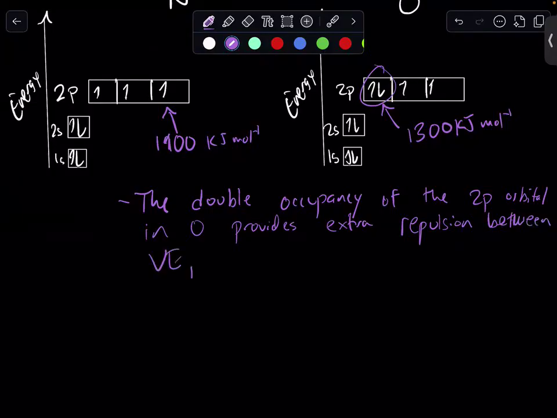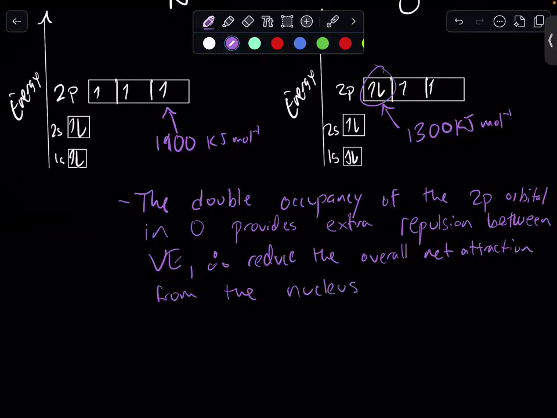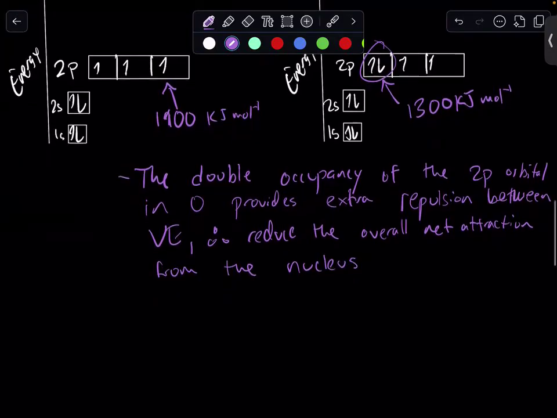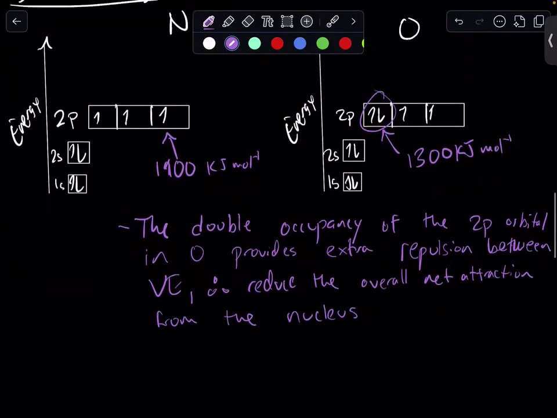Therefore, this is going to reduce the overall net attraction from the nucleus. Therefore, we're going to have that greater repulsion and thus an easier ionization energy, or smaller ionization energy, for this electron.